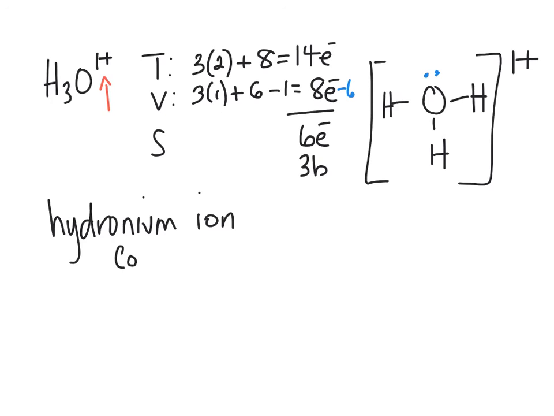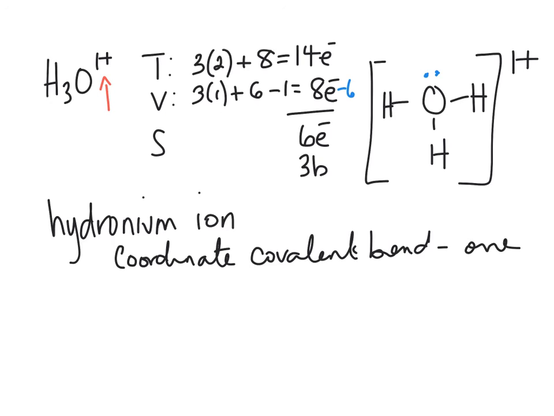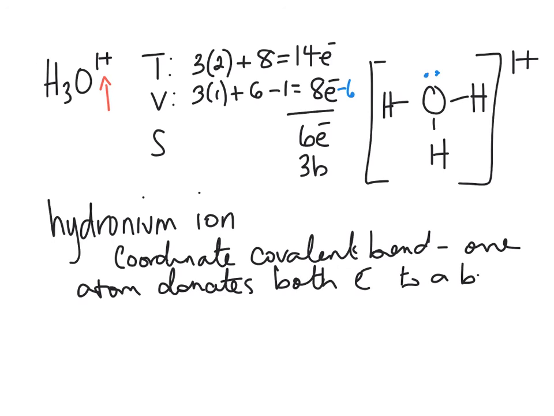A coordinate covalent bond occurs when one atom donates both electrons to a bond.